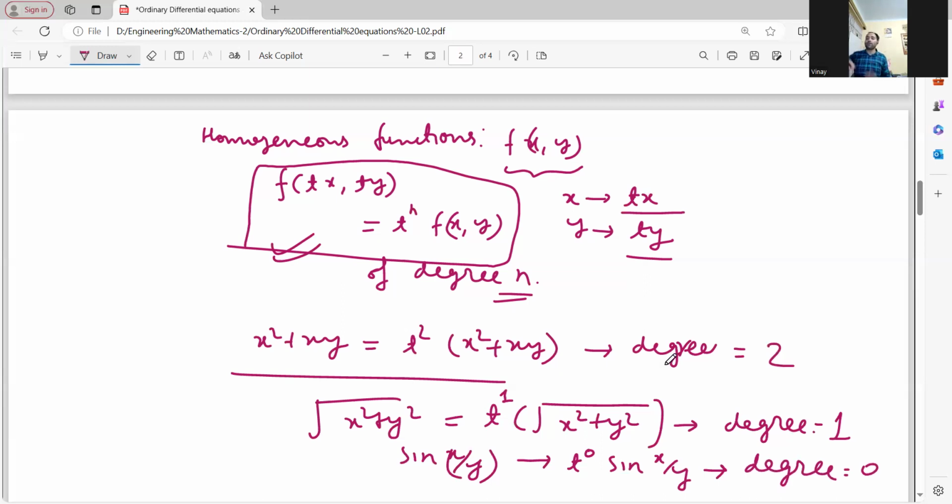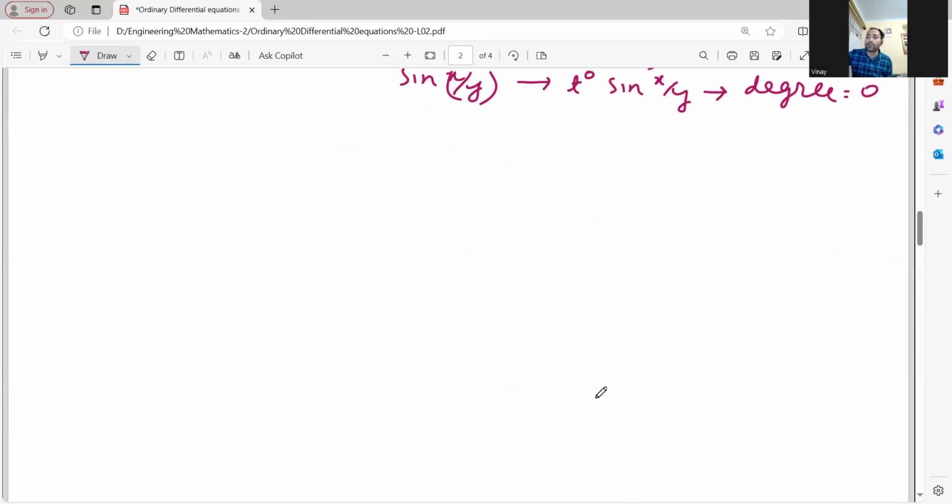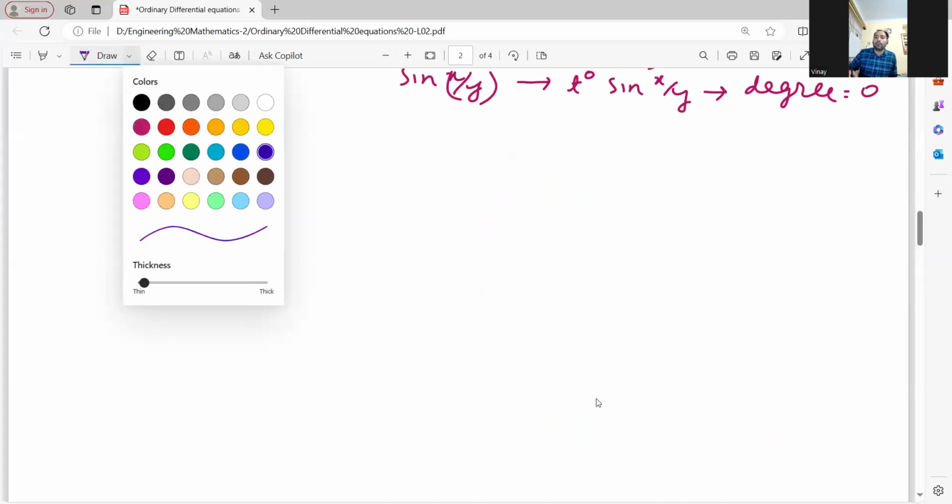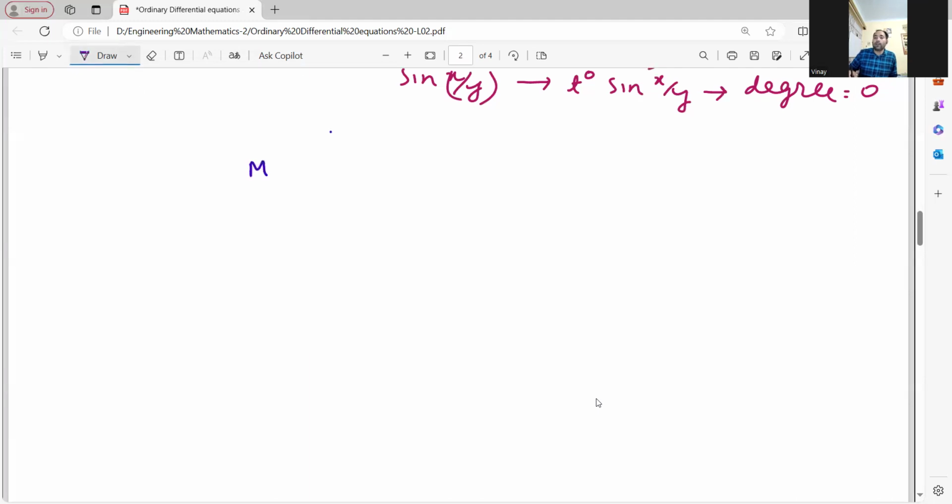Once you have understood the homogeneous function, let's move on to the homogeneous differential equation. Let's say you are given M(x, y) dx plus N(x, y) dy is equal to 0.